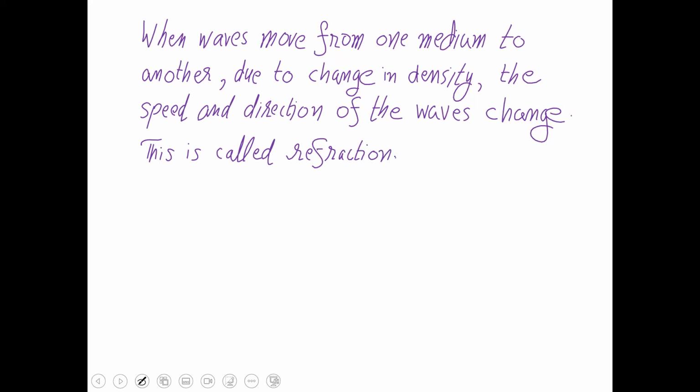So when waves move from one medium to another, they bend and change speed. Why? Because density changes. When waves move from one medium to another, there is a change in density, and this feature is called refraction. Copy this screen.